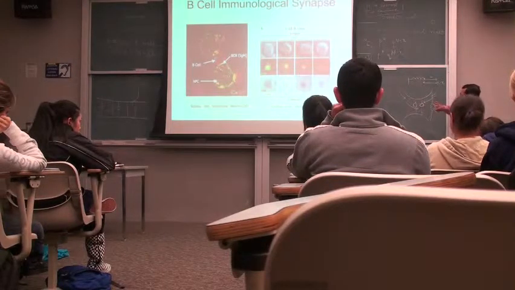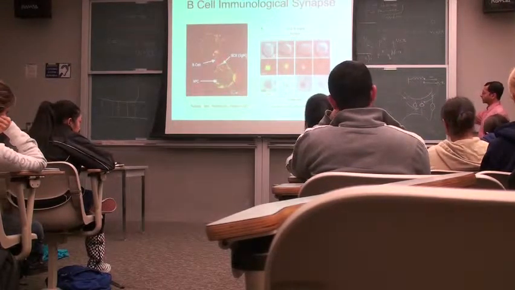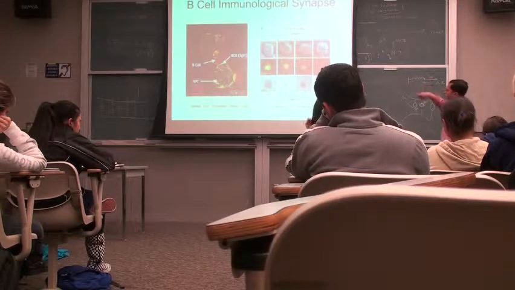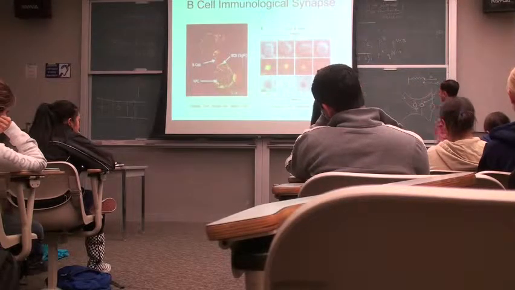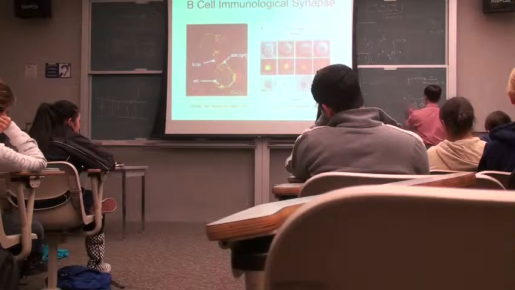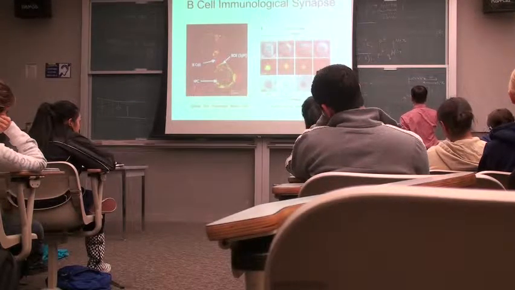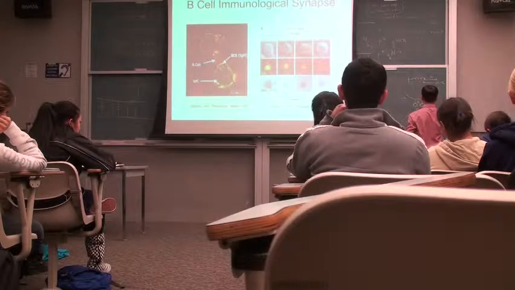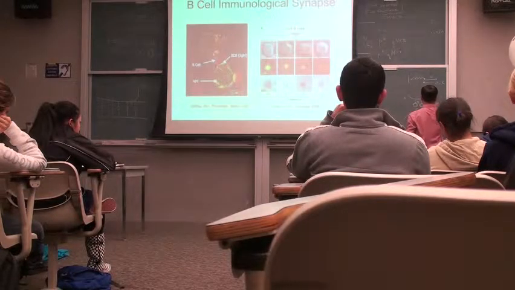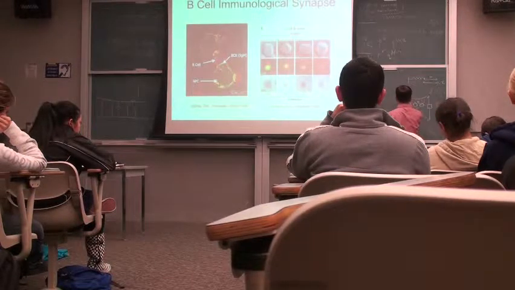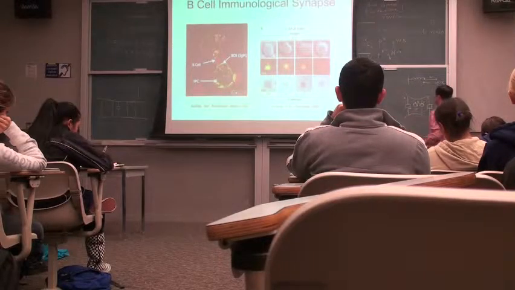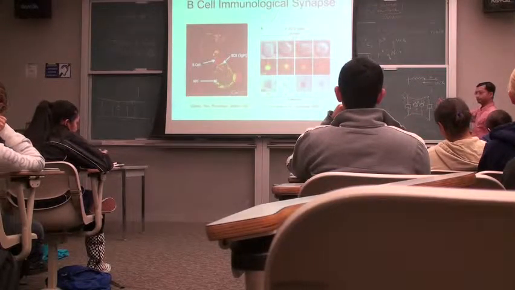Why do you have one set of molecules at the center and then another set kind of in a ring? So what happens here: you have molecules of type A at the center and then molecules of type B outside. That's the side view.